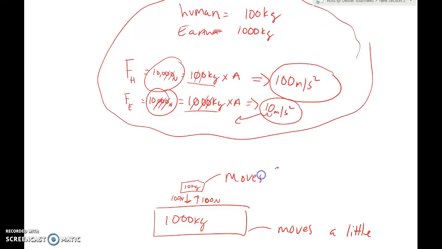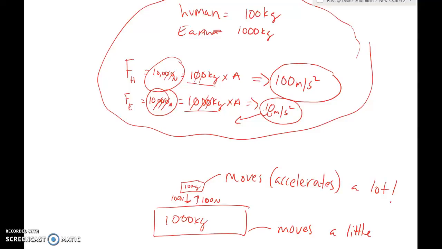It accelerates a lot because of the difference in masses. So just like when you're using a baseball bat to hit the baseball, essentially that bat is an extension of your mass. So you as a 150-pound person against the ball, which weighs maybe 1 or 2 pounds, that ball is going to be the thing that accelerates much more than you do.